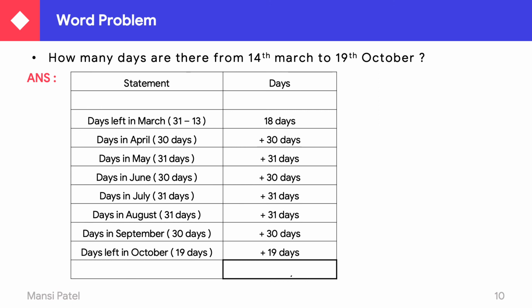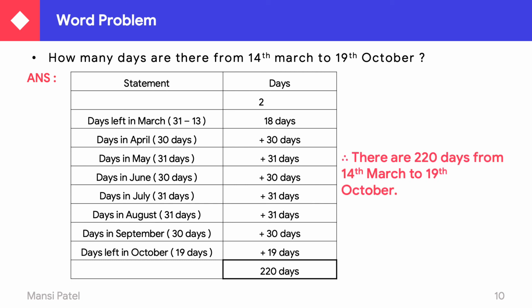So before 14, how many days are there? 13 days. So we subtract that from the total number of days. And after that, whatever date is given, you have to include it. Do the addition of all these days. The addition of all these days is 220 days. So we can say that there are 220 days from 14th March to 19th October.